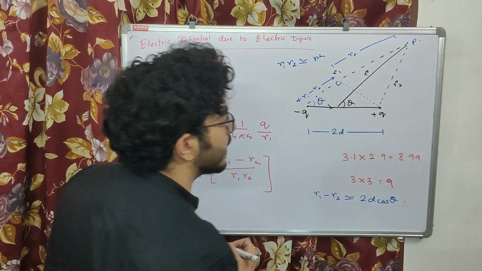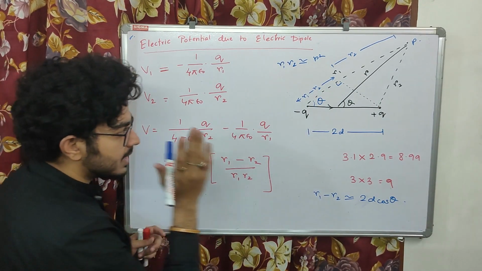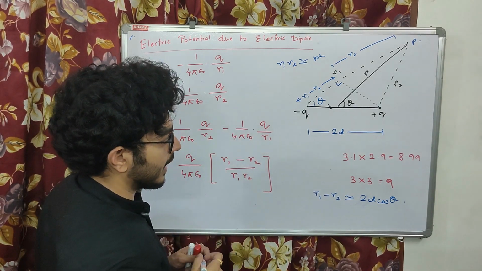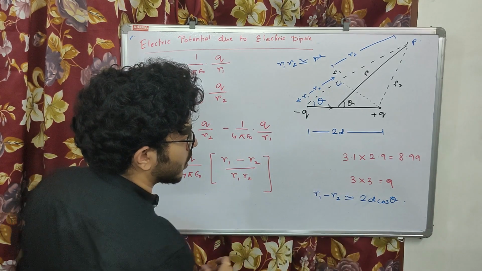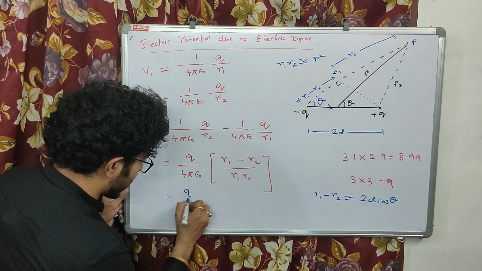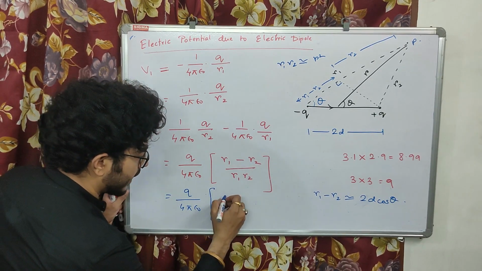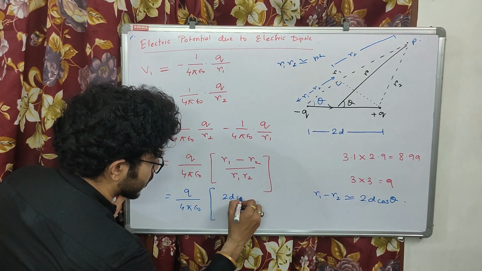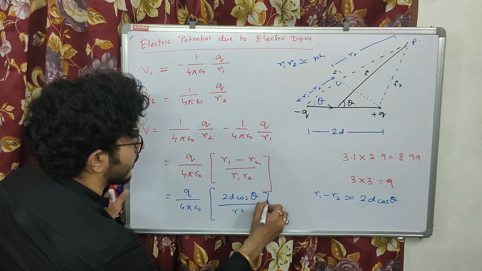So ultimately, if this is 2d, r1 minus r2 is 2d cos theta, as this has been considered as 90 degree. So in this place, 4 pi epsilon naught, r1 minus r2 we can write as 2d cos theta, and r1 r2 as r square.